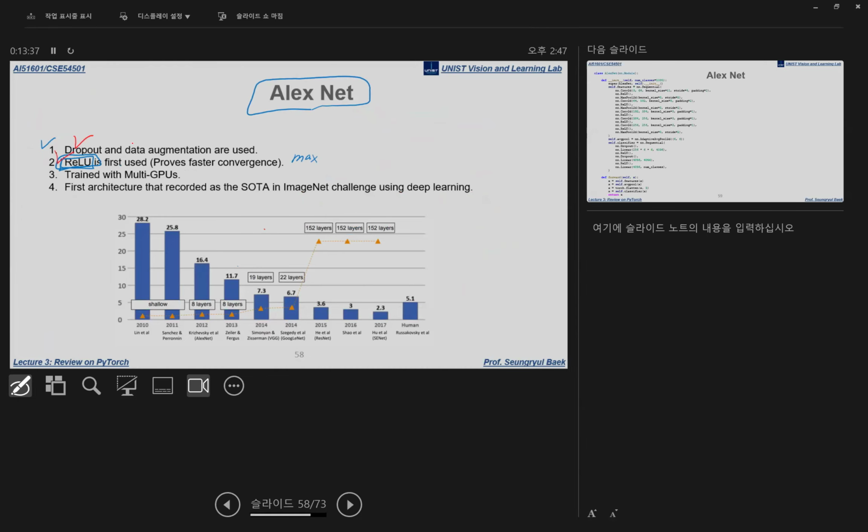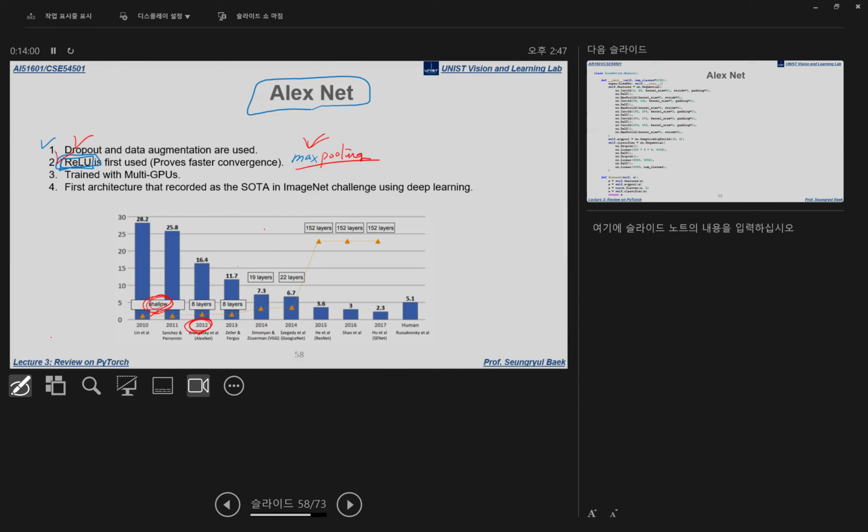And the other thing is the ReLU and also the use of max pooling. That is the characteristic of this AlexNet, which is the first successful deep architecture. So in the year 2012, previously, shallow learning algorithms such as the SVM performed best for the image classification task.